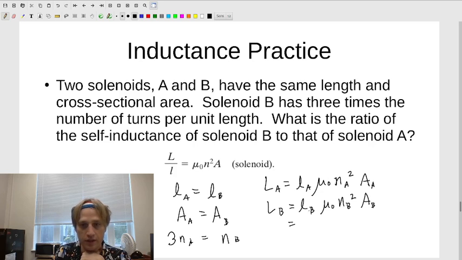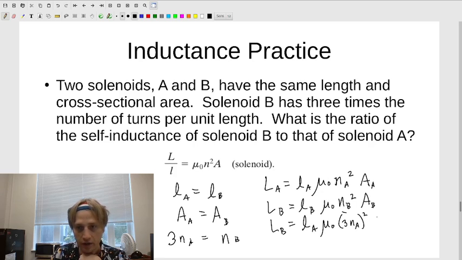So this L B would equal L A, because the length is the same. Mu naught is a constant of nature. n B is 3 times n A, so I'm going to put in 3 times little n A squared, and then A B is just the same as the area of A. So my L B is going to be, all of these are going to be the same except 3 squared.